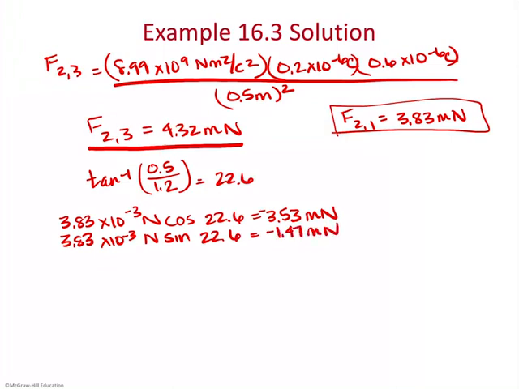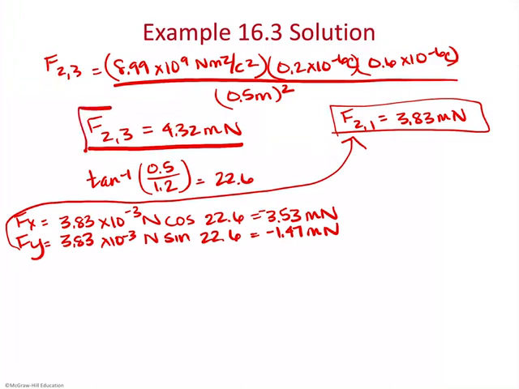Okay? So now we got to do the sum of the x's and y's. So this was the force in the x direction. This is force in the y direction. And that was all for that guy right there. What about this guy? That guy was just in the y direction. Okay, so keep that in mind.